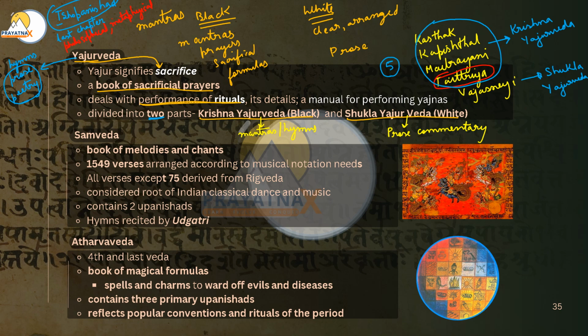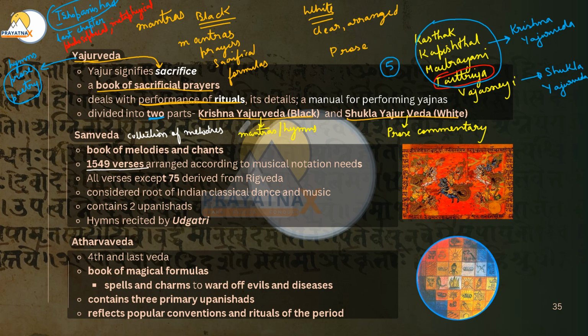Moving on, Samaveda. Samaveda is a collection of melodies. Now it consists of about 1549 verses.